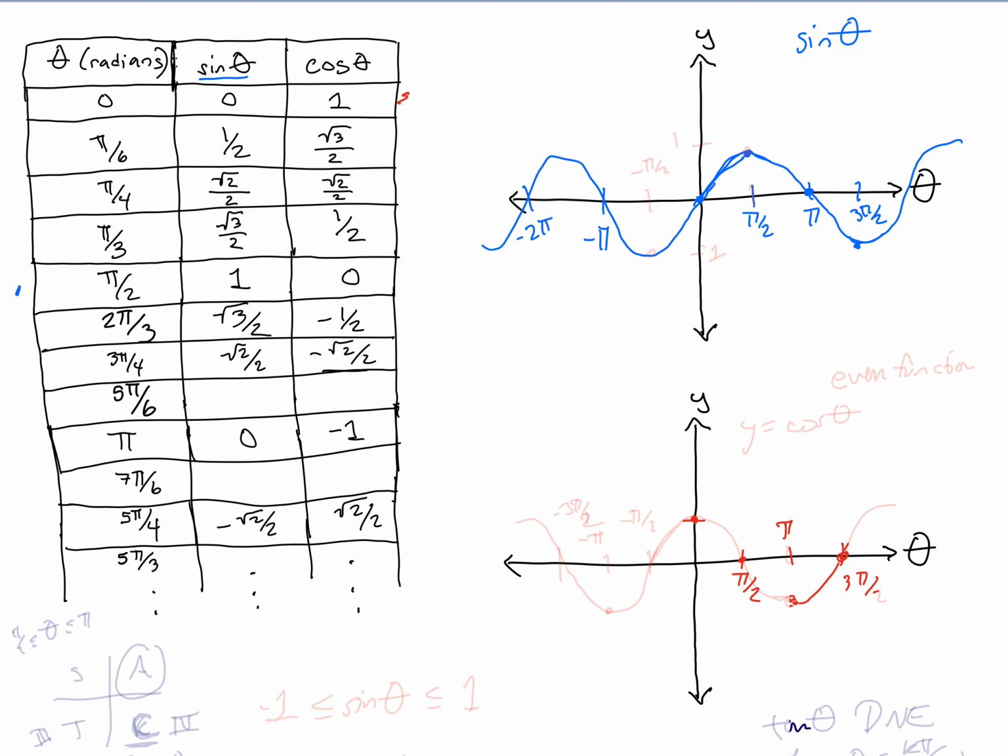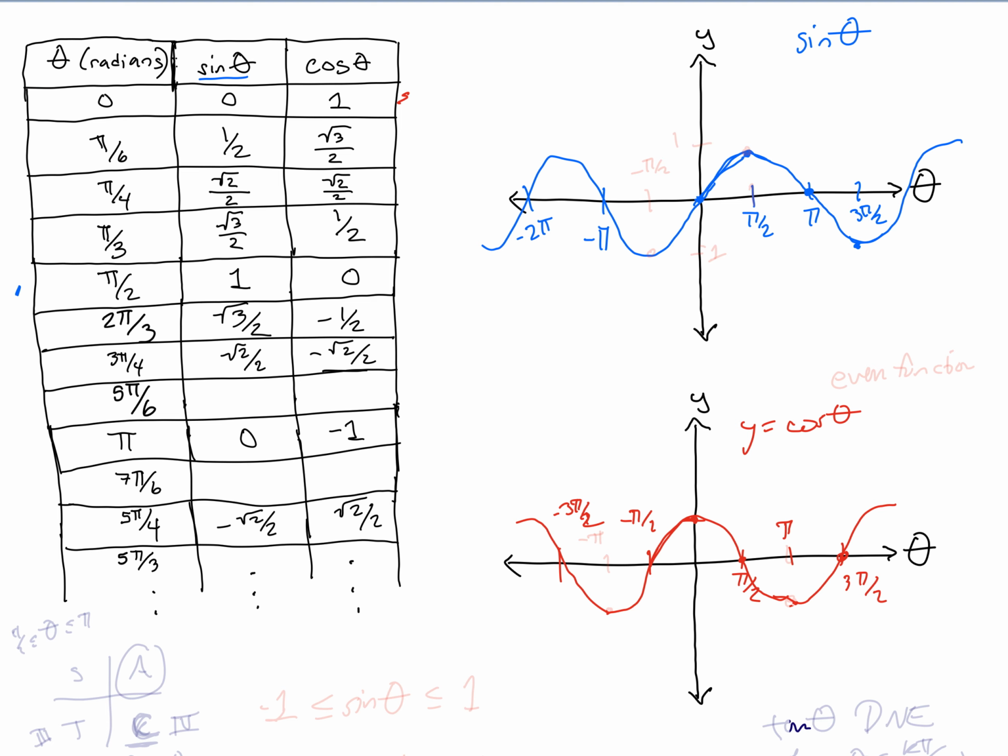It looks almost exactly like the graph of sine of theta, but it is shifted over by pi over 2 units. So negative pi over 2, negative 3 pi over 2, and so on. Okay, so this is y equals cosine of theta.